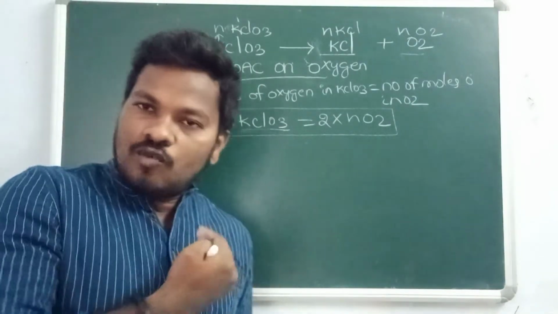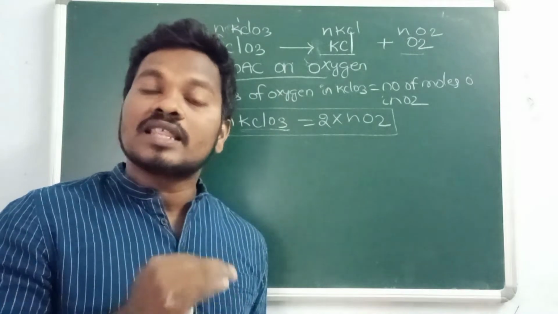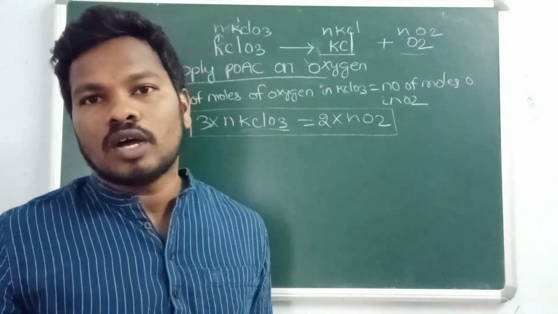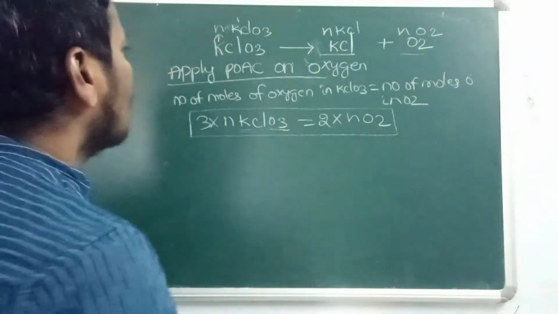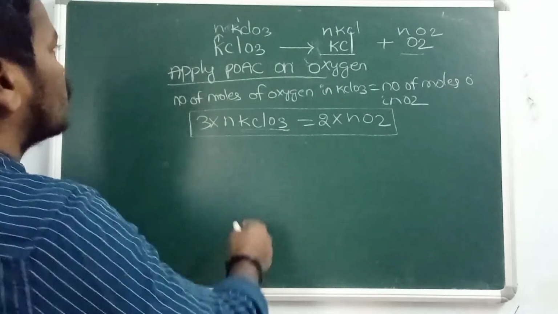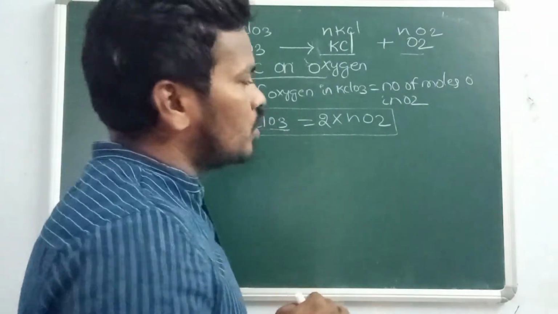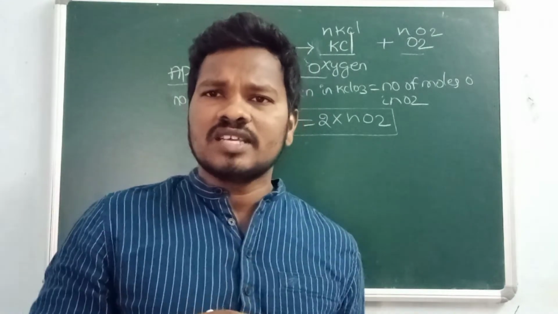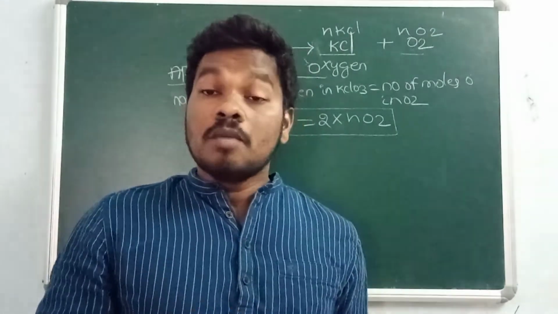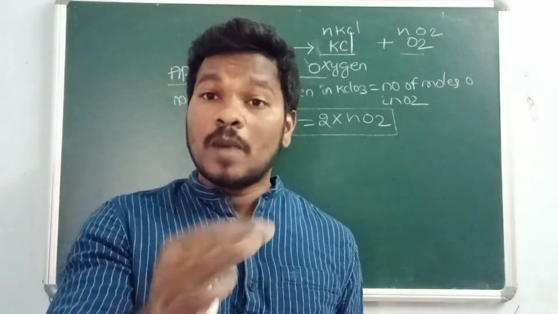So if you apply POAC you will get this, or otherwise you can go with the mole ratio also. In the mole ratio, we have to balance the equation. POAC does not require a balanced equation; you can go with an unbalanced equation. But in the mole ratio we have to balance the equation.